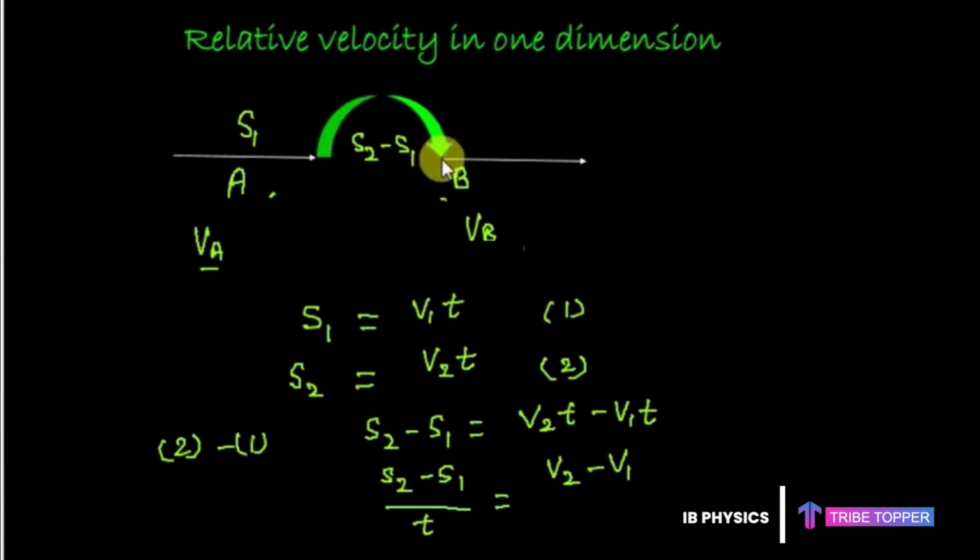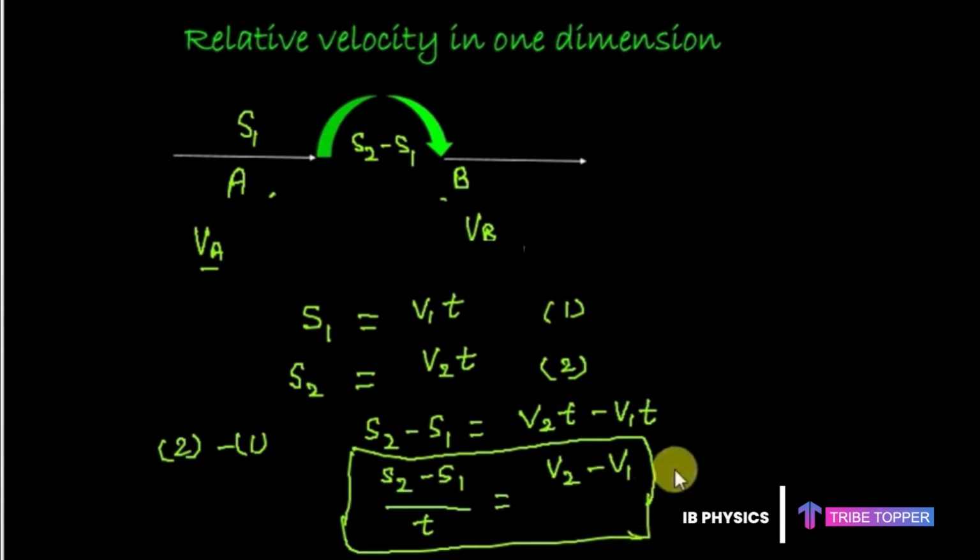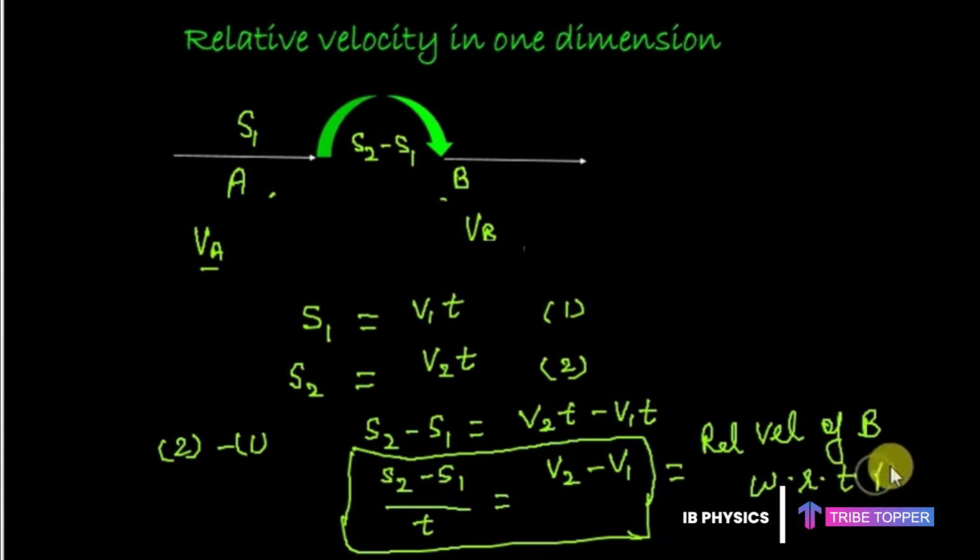This position with respect to each other is going to change with time, and that rate of change of position of object B relative to object A, that is, how the gap between A and B varies with time, gives us the relative velocity. So this whole thing, V2 minus V1, is the relative velocity of B with respect to A.